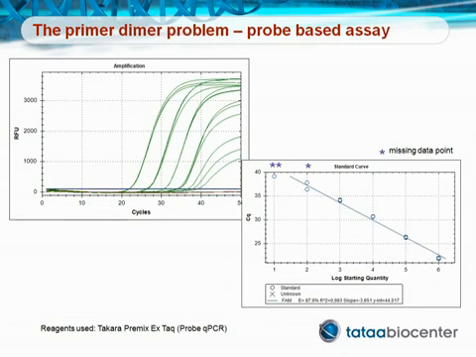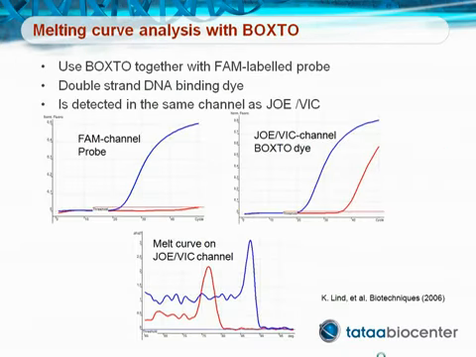When running a probe-based assay, it can be difficult to know if your samples contain primer dimers or not. Normally, you do not have the option to run a melting curve with just the probe. Therefore, we have developed a DNA binding dye at Tata Biocenter called BoxTox that can be used in combination with FAM-labeled probes to measure the fluorescence during a melt curve analysis.